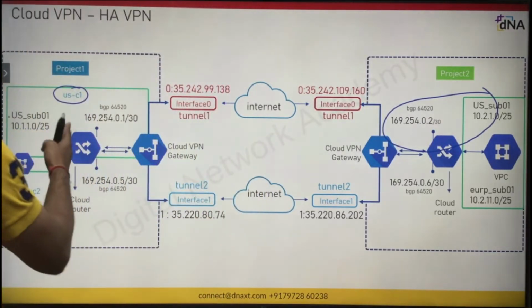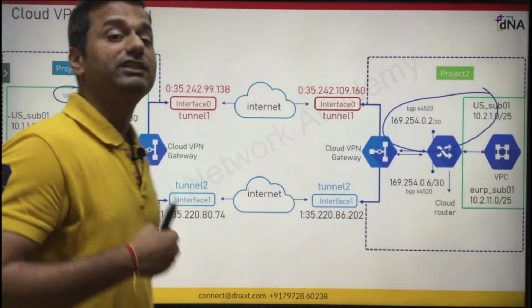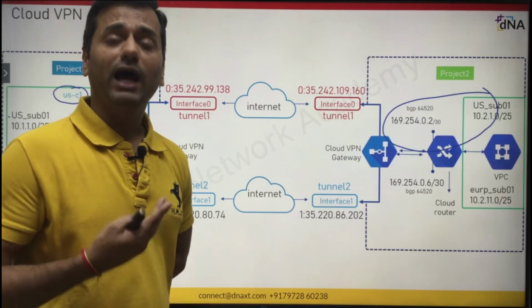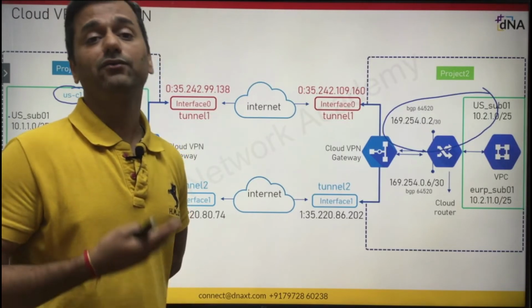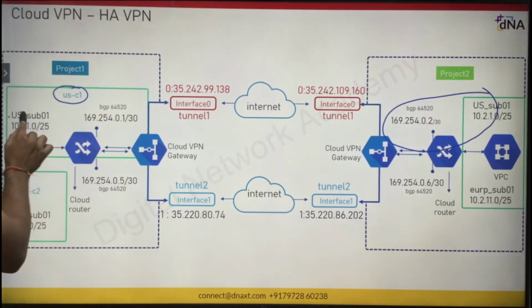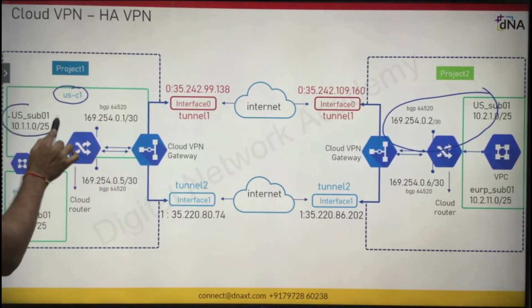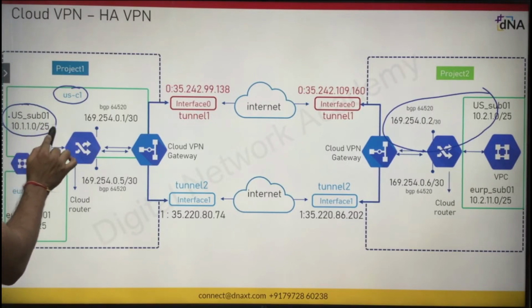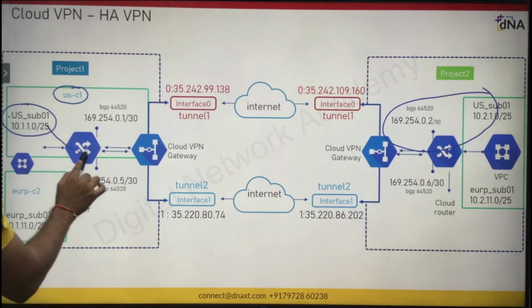By default your cloud router will advertise only visible routes, meaning the subnets you have created in your VPC. So you have one subnet in the US region, 10.1.1.0/25, that will get advertised through the BGP.